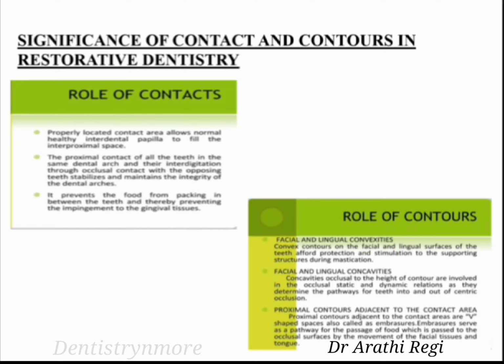It prevents food from packing in between the teeth and thereby prevents impingement of the gingival tissue. The next slide shows the role of the contours. So you can look at the slide.